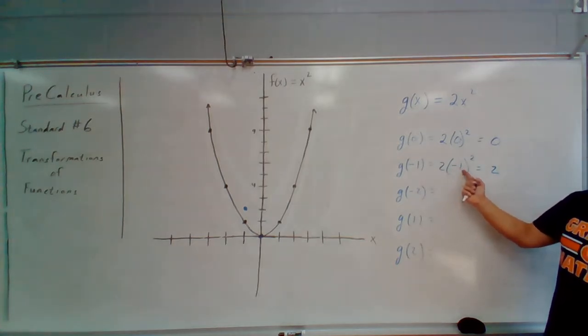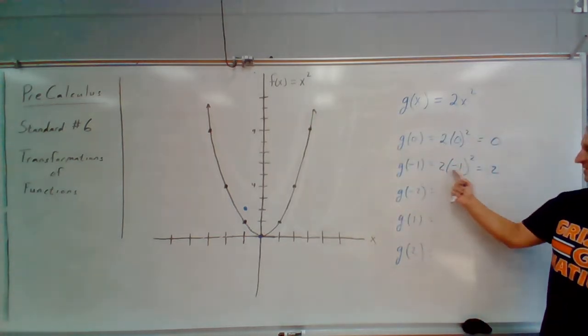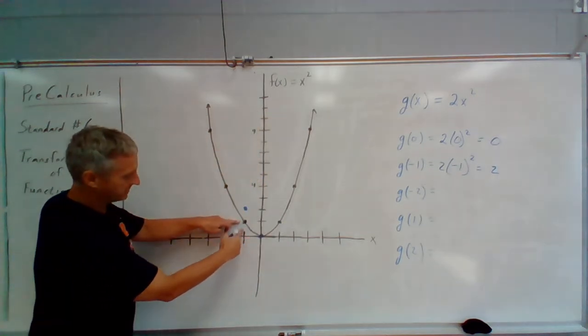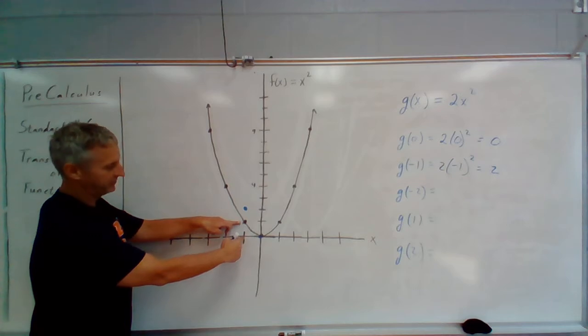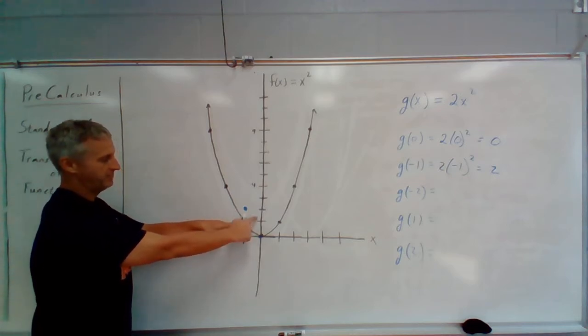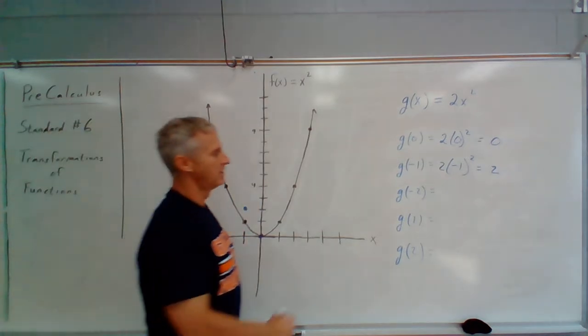If I plug negative 1 into the original function, I get 1, but then I have to multiply by 2. So I get 2.